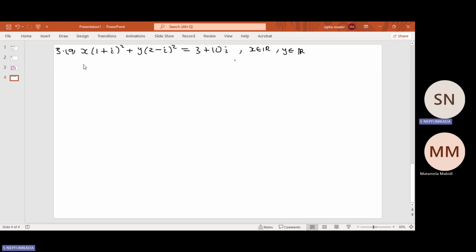So now, this is nothing but, don't write equals to here. We don't have two equals to in mathematics. With something like this, it's equals to 3 plus 10i.